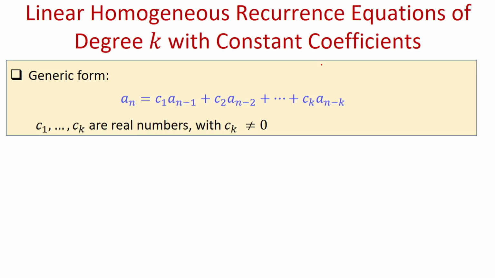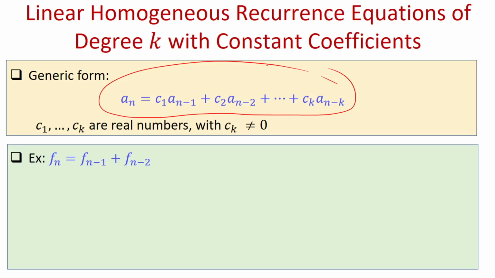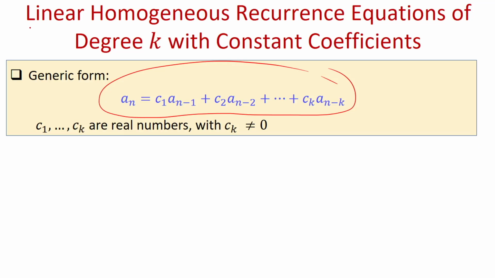The general form of recurrence equations in this category is the following. Okay, you will have a of n being expressed as a linear function of previous terms. That's why the name linear, right? Why is it a linear function?